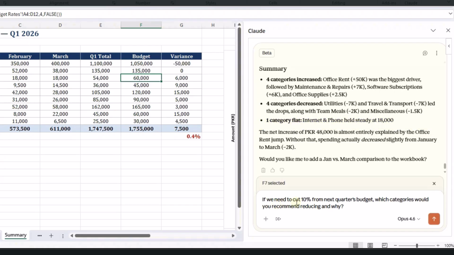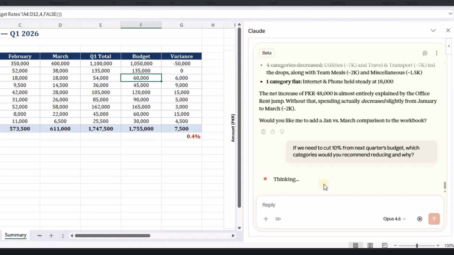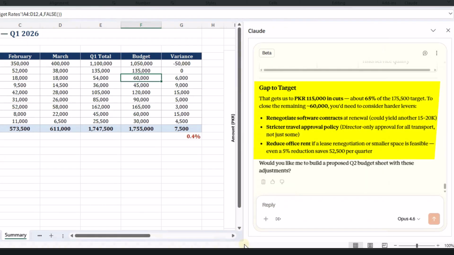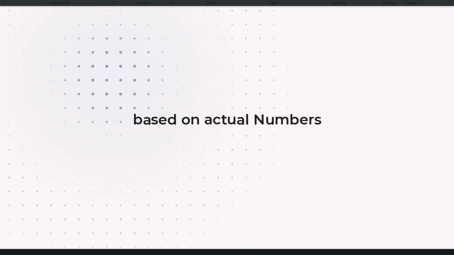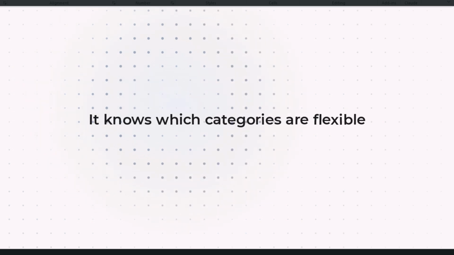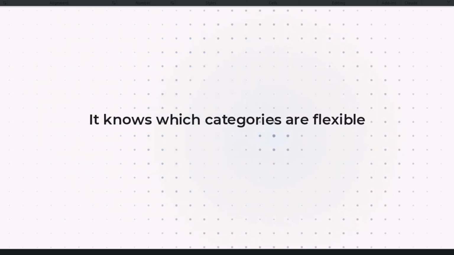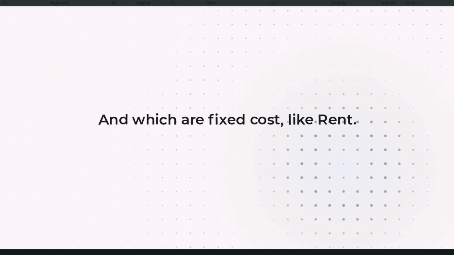Similarly, we can ask, if we need to cut 10% from next quarter's budget, which category would you recommend reducing and why? And let's see what's the answer. And here's the answer. Claude AI gives a thoughtful answer based on actual numbers. It knows which categories are flexible and which are fixed cost like rent.